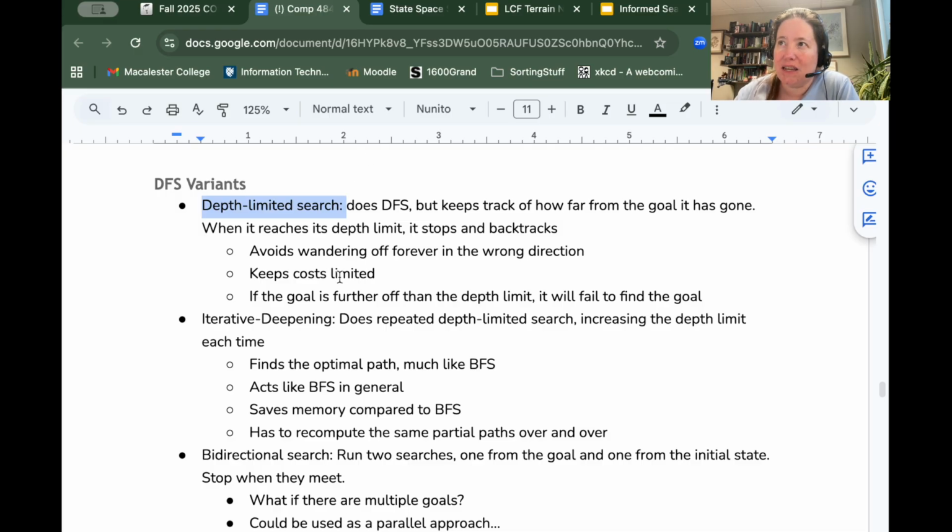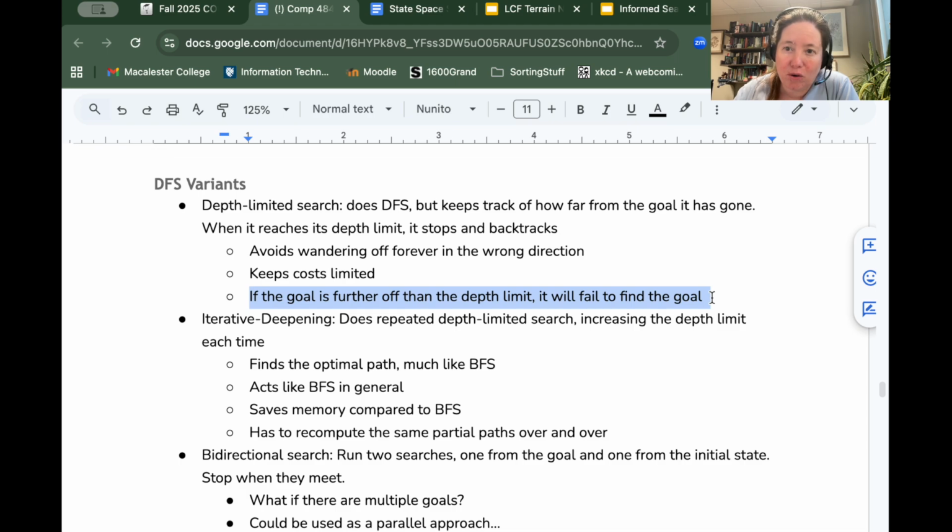It does keep the costs limited because there's only so far we're going to go. But if we're wrong about how far away the goal is, this one will fail to find the goal. So remember that completeness property we talked about before. Depth limited search without any possibility to extend is not complete. It could fail to find a solution that exists because it just doesn't look far enough.